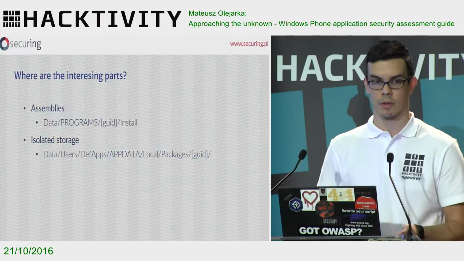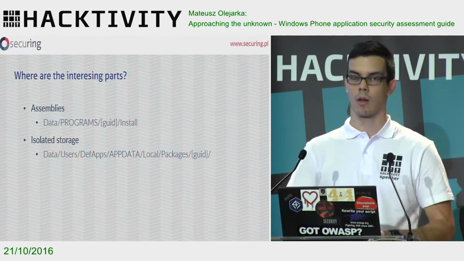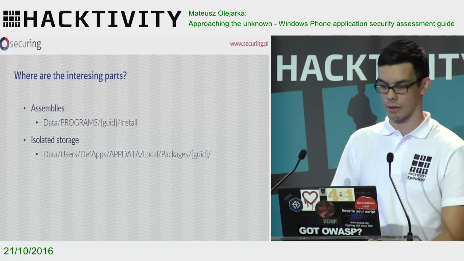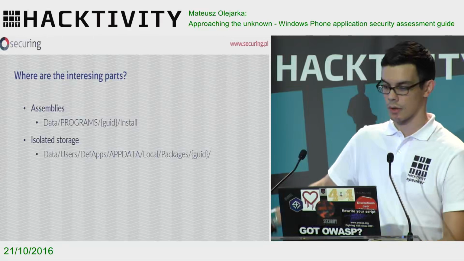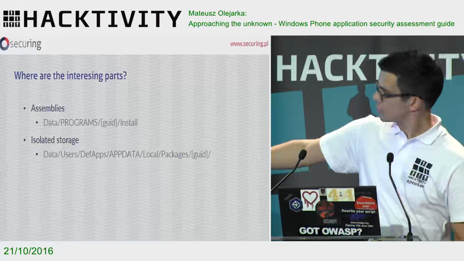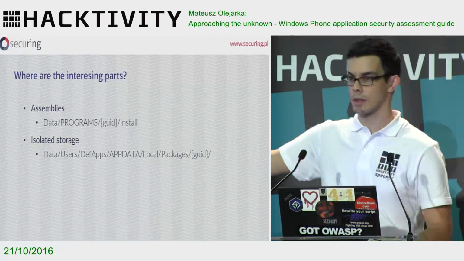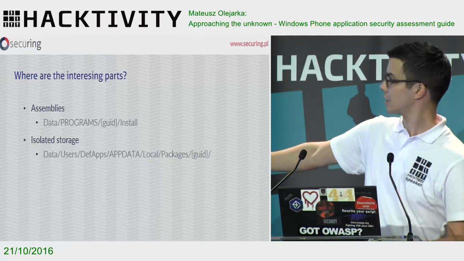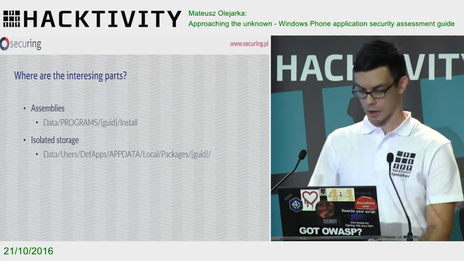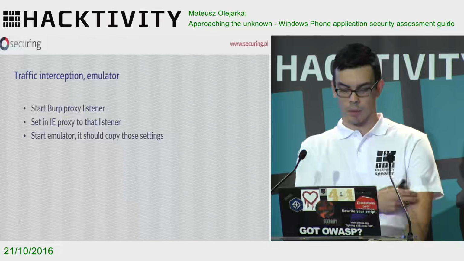Of course, you can use an SD card, but I think all applications can access that. This is the location: data user, dev apps, app data, local packages, GUID. Sometimes it differs for an application, but basically you can do the same search using the date the data was created.